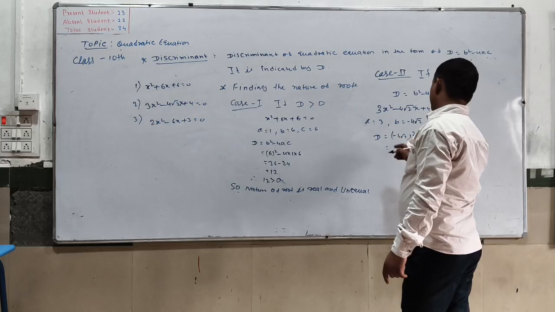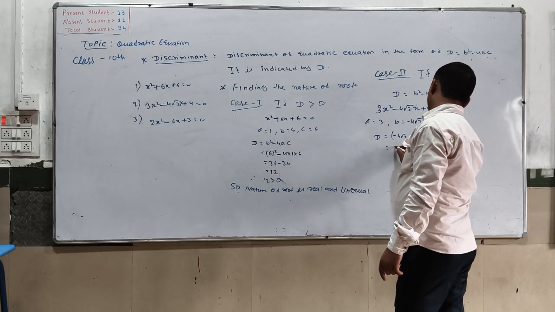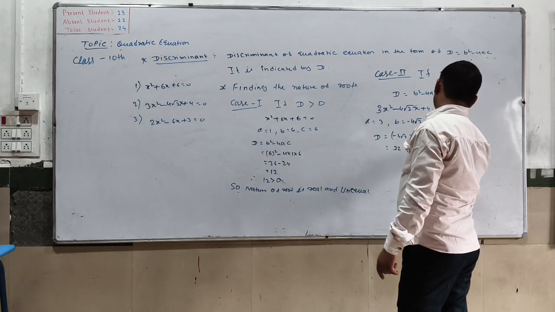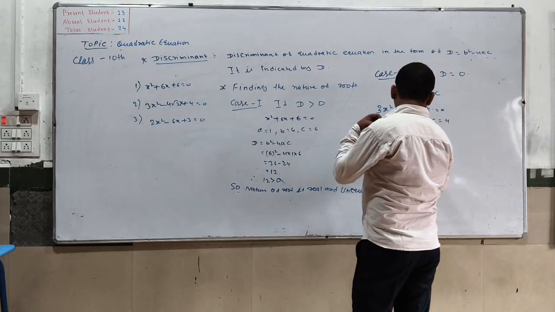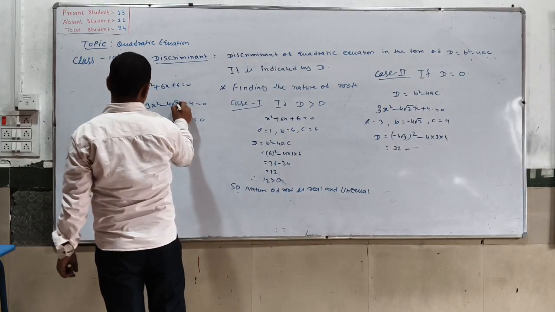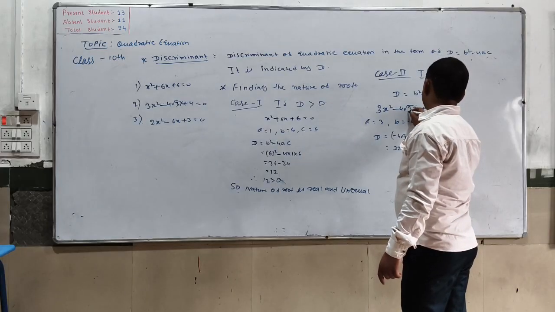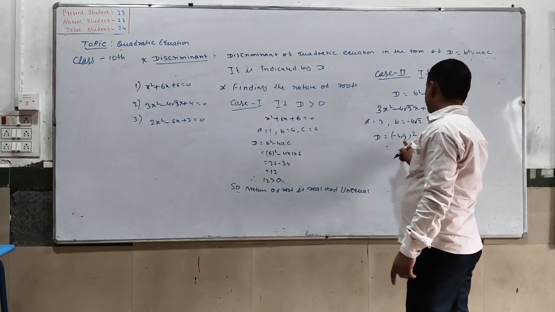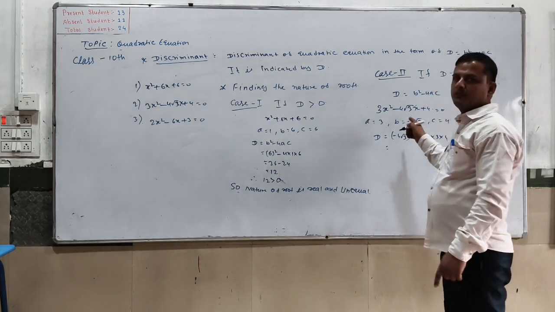Solving, minus 4 times 4 is 16, and 16 times 3 is 48. Taking 4 root 3 and squaring it, 4 times 4 is 16, and 16 times 3 is 48.